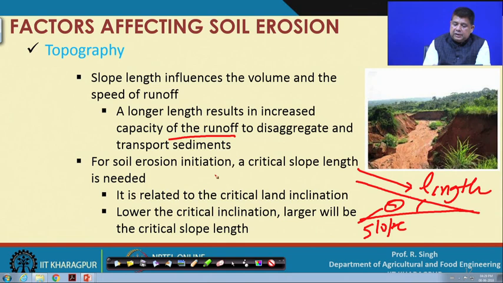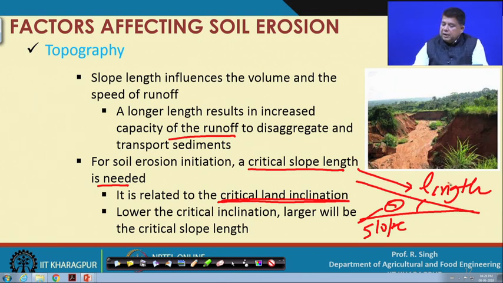Similarly, for soil erosion initiation, a critical slope length is needed. That means a minimum slope length is required for initiating soil erosion, and of course, it is also related to the critical land inclination. That means the combination of slope and length, that is theta and length, are responsible. The lower the critical inclination, the larger will be the critical slope length.